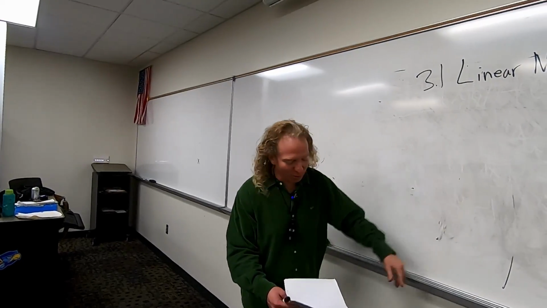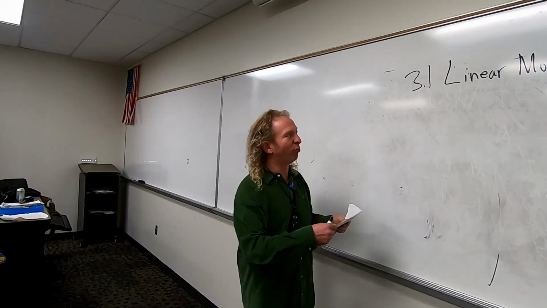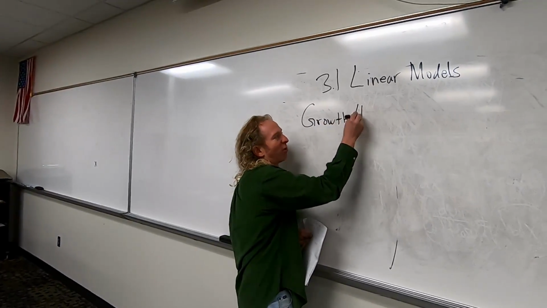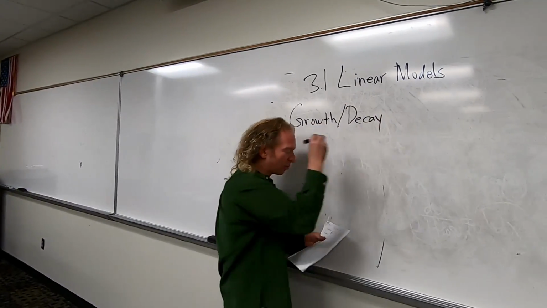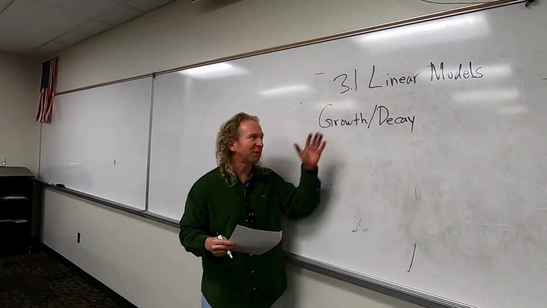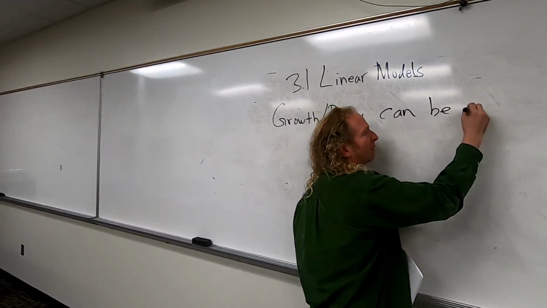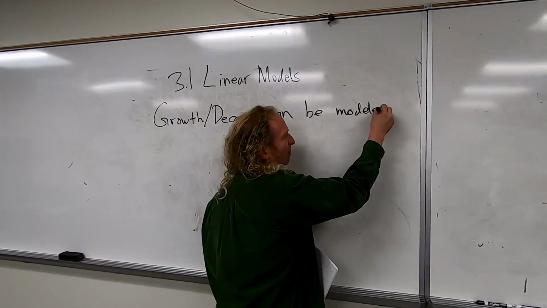Okay. All right. So 3.1 is on linear models. Very brief notes. So growth, and then we're just gonna do a problem similar to what you can expect. Growth slash decay, like exponential growth, exponential decay, can be modeled. This is what DEs are used for. This is one application of them.